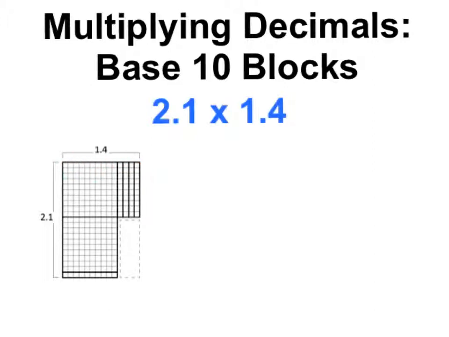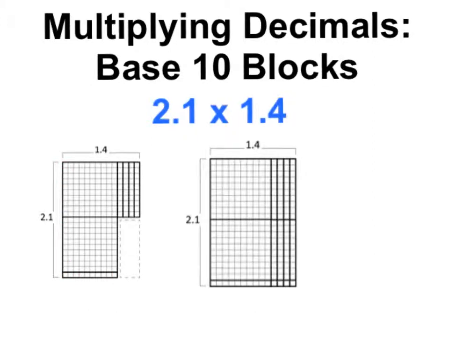The length of the rectangle is 2 1/10. So now I've filled in this empty space with the rods and cubes that are necessary to make this a rectangle. And now I just need to count the blocks in my rectangular array to find the answer to this problem.